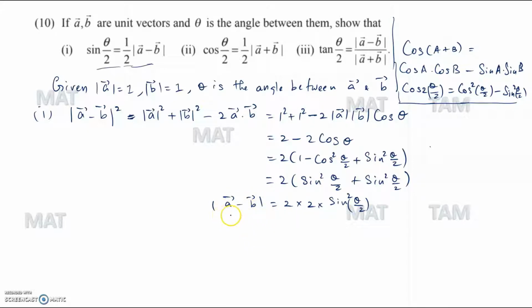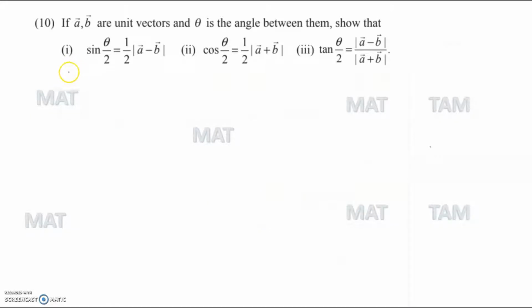So if we take the root of both the sides, we will get the magnitude of A minus B is equal to 2 times sin theta by 2. So further we can say that sin theta by 2 is equal to 1 by 2 magnitude of A minus B vector. Hence the proof. Let's do the second problem now.